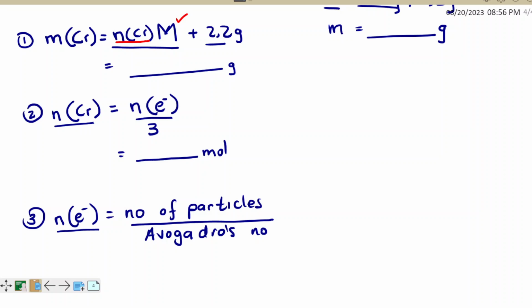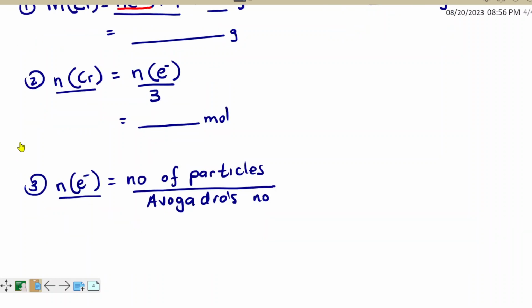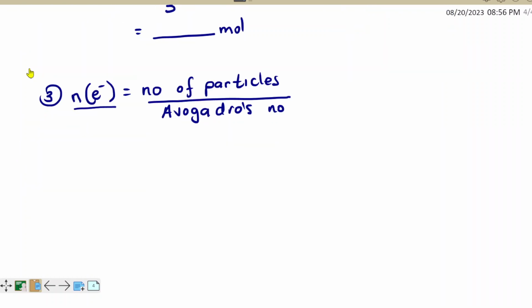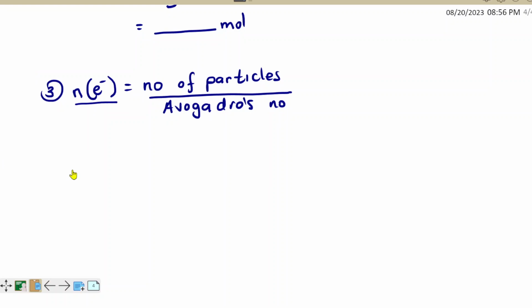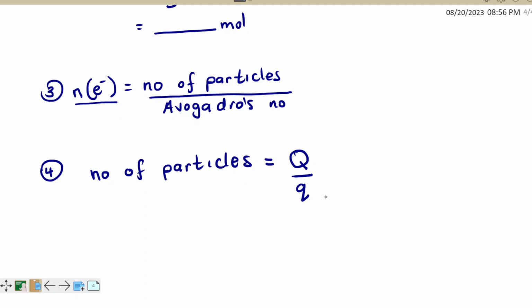So that means that we now need to find the amount of charge. Remember, the number of particles is equal to Q divided by Qe.